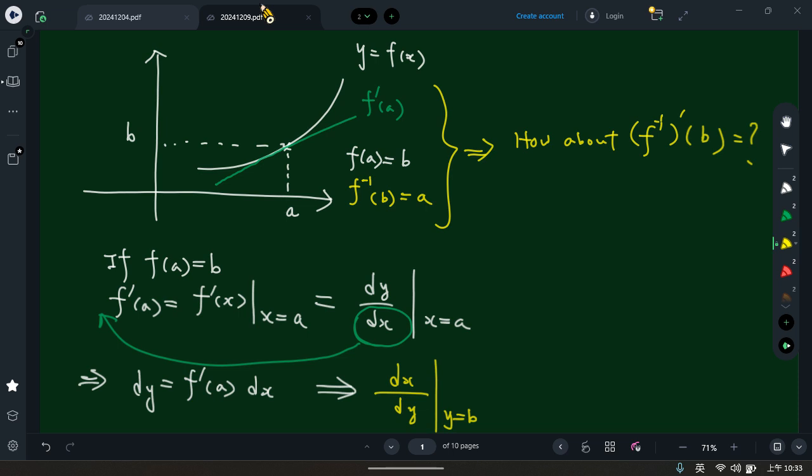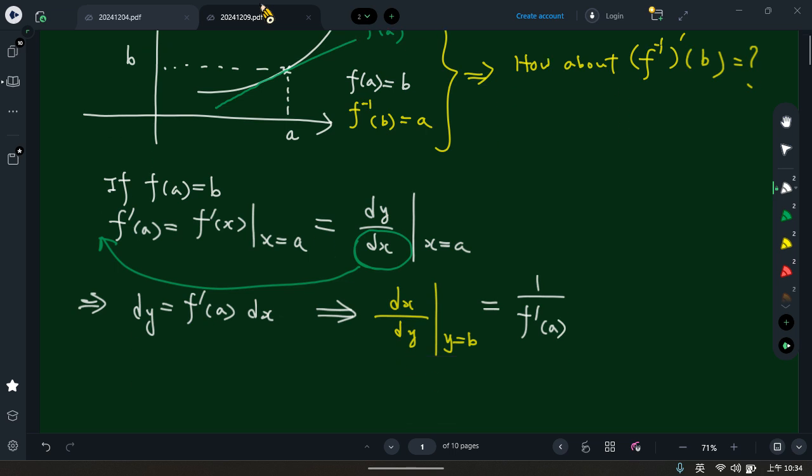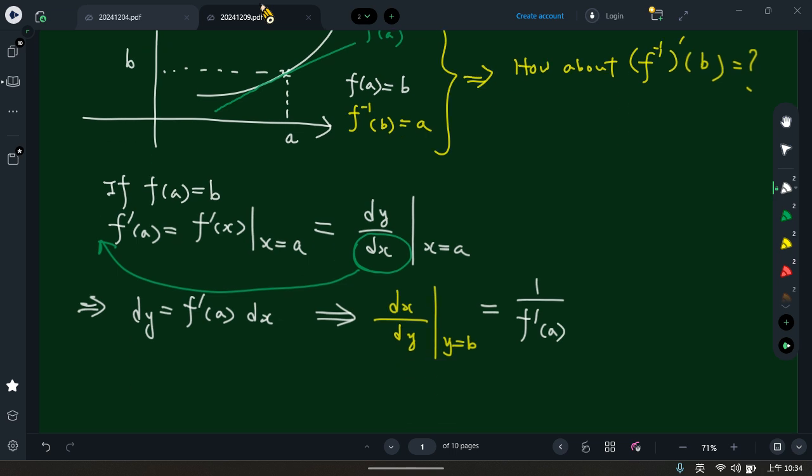So when we talk about dx over dy, I consider its derivative when y is equal to b, right? So when we want to get this one, it will be 1 over f prime a, right?